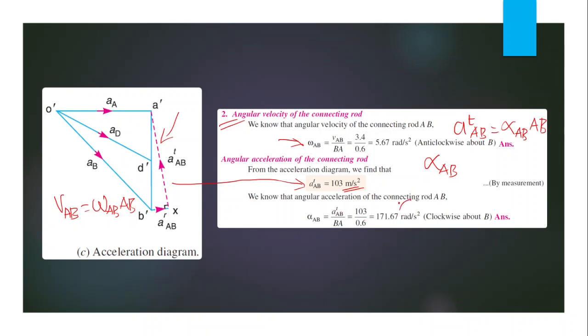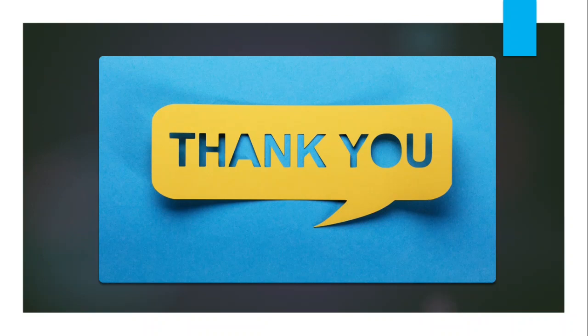We can calculate that value as 171.67 radian per second square. That is the answer. Thank you all.